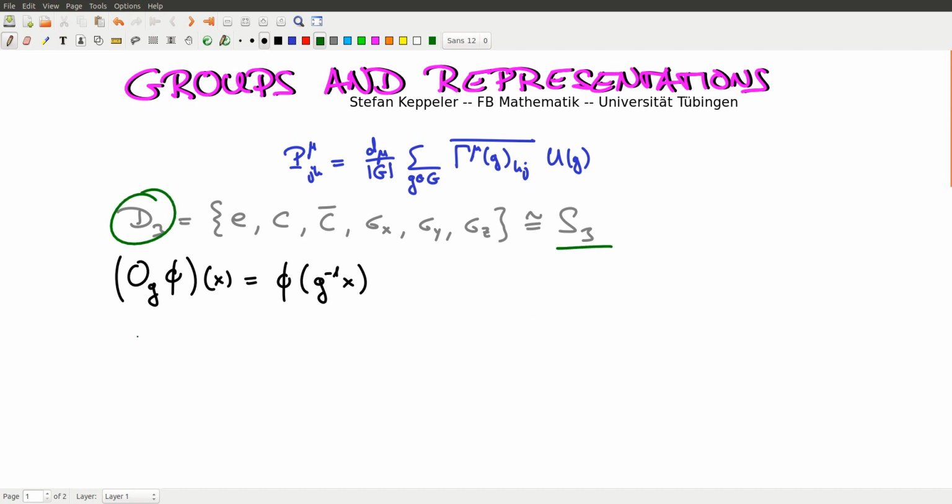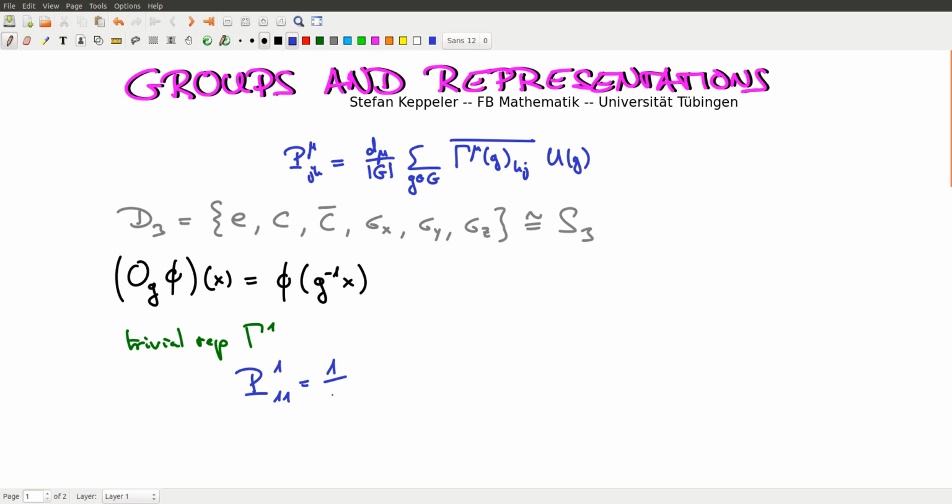S3 or D3 has 3 irreps. First one is the trivial representation. Let's call it gamma 1. And for the trivial representation, we can construct the generalized projection operator P1, upper index 1. And now d mu is 1, so j and k run just from 1 to 1. So we have P1, 1.